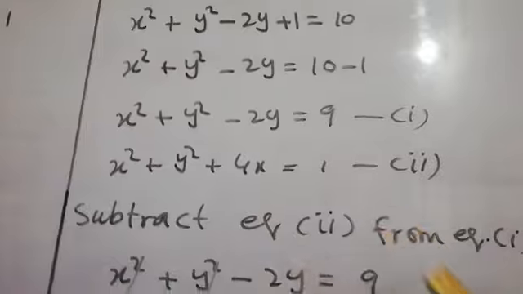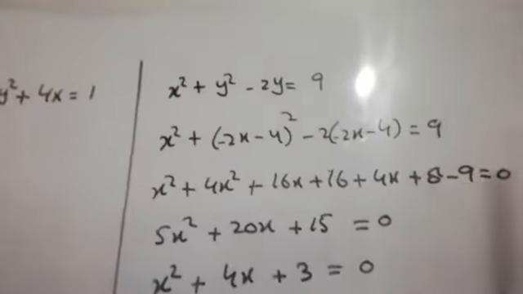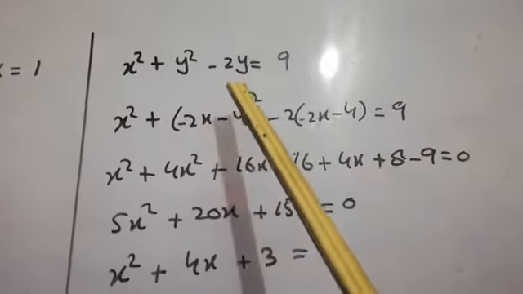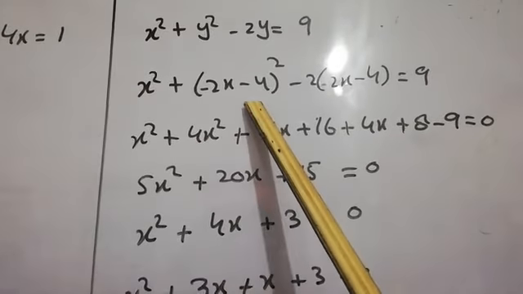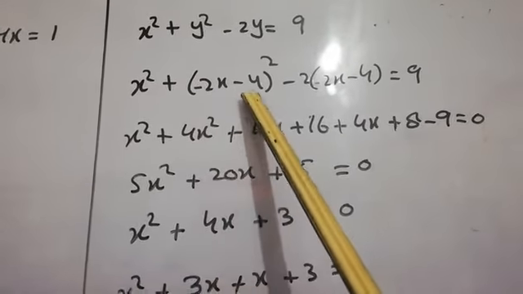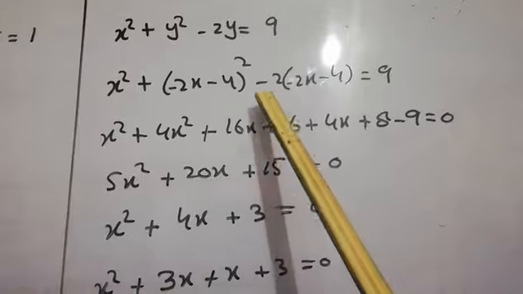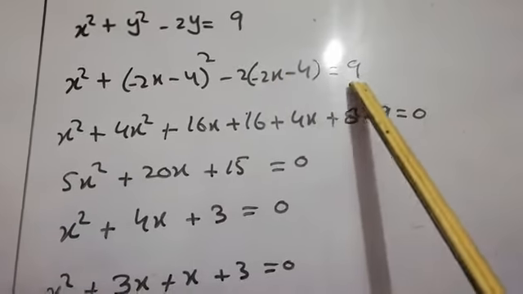But we will put equation 3 in equation number 1. Okay. So equation number 1 is x square plus y square minus 2y is equals to 9. So my dear students, we will put the value of y, which is (minus 2x minus 4) whole square minus 2 times (minus 2x minus 4) is equals to 9.